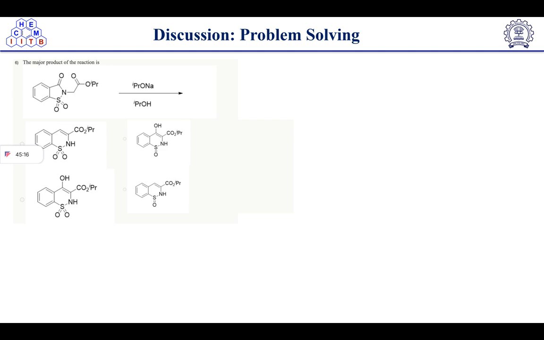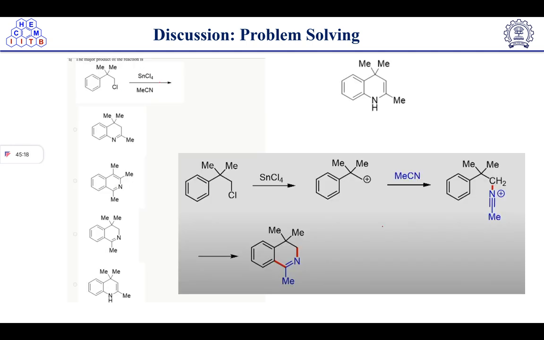The next question is: the major product of the reaction is? So here you can see in this case SnCl4 is given. SnCl4 will form a bond, and elimination of Cl minus will result in a carbocation formation. Now this carbocation will get trapped by acetonitrile. So acetonitrile will attack here and form this type of intermediate.